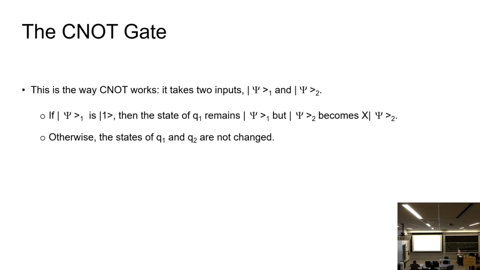So here's how the CNOT gate works. It takes our 2-qubit quantum states, psi1 and psi2, and if psi1 is 1, then the state of qubit 1 stays psi1, but psi2 becomes flipped, X times psi2.